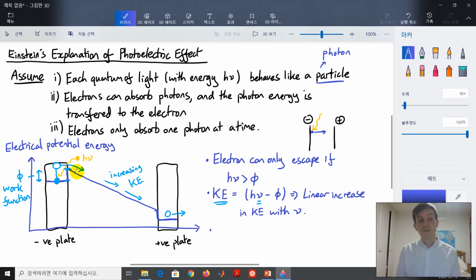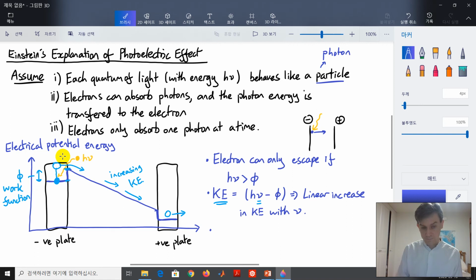And then finally, because the electrons can only absorb one photon at a time, if you increase the intensity of the light, then this increases the number of quanta, the number of photons you have, so that will increase the number of electrons that can escape. But because each electron only absorbs one photon at a time, it will not change the kinetic energy with which the electrons escape, because the kinetic energy is fixed by the energy of one photon.